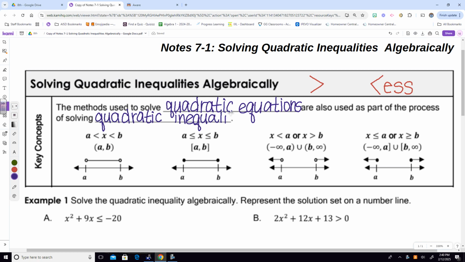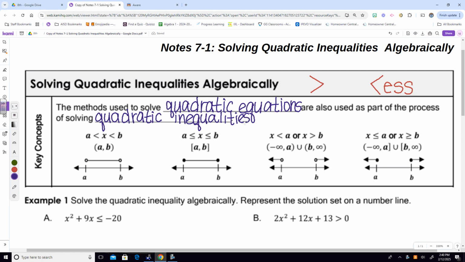In plain English, that means that those same 5 methods that you learned for the equations are the same 5 methods that we're going to learn for use for the inequalities. So technically, you're not learning anything new. You're just applying it to inequalities.